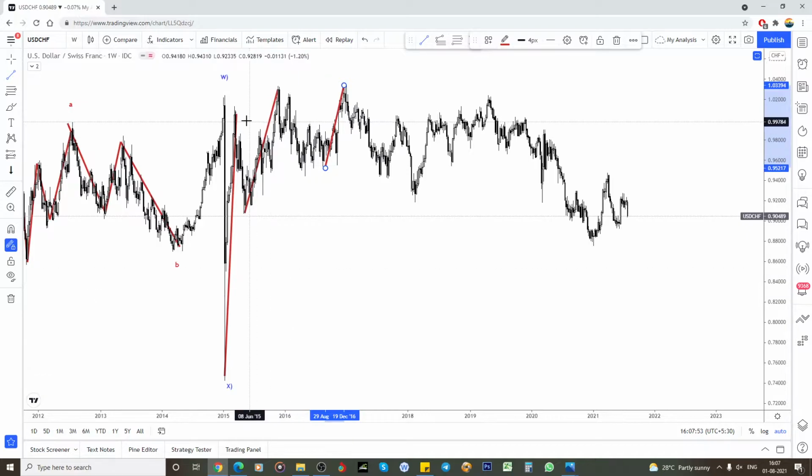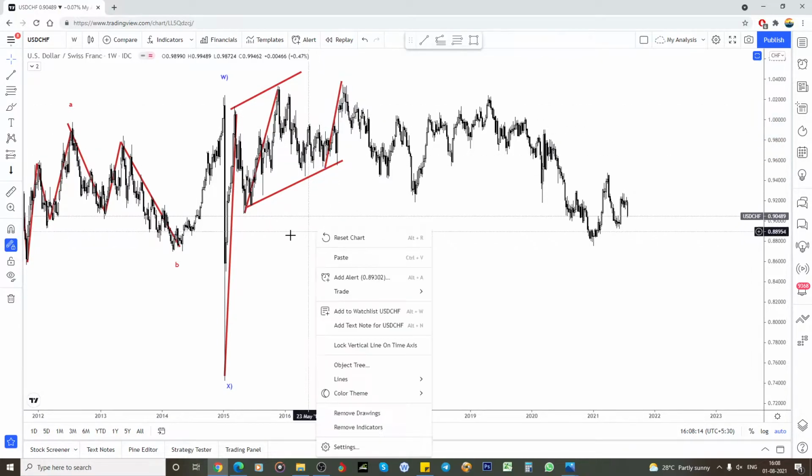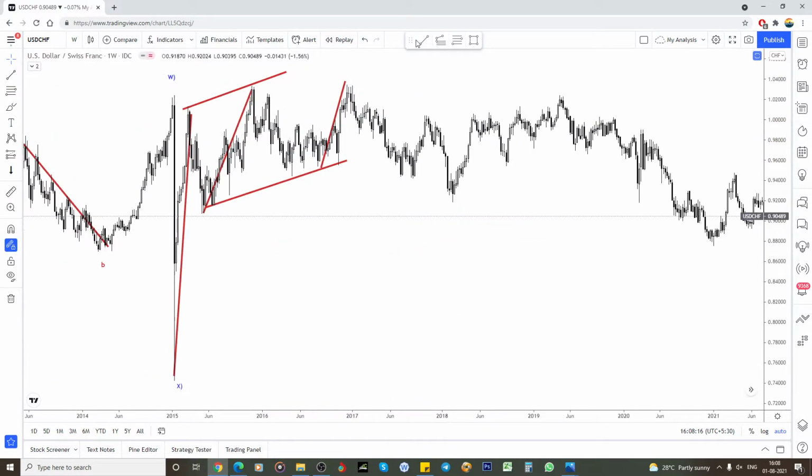Yes. So this is wave 1, 2, 3, 4, 5, and this is the A wave. According to this, it already broke the high here, yes, I already checked that. So this is the end of this five-wave structure. I will check this also. Second.